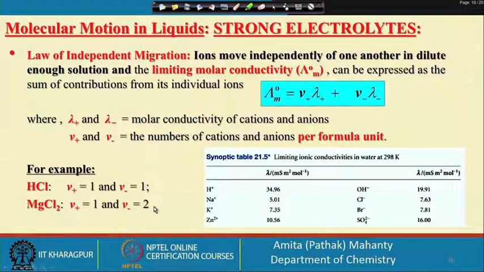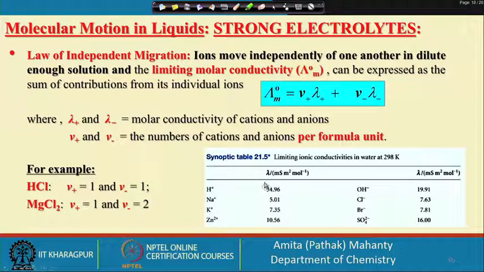Okay. So you see the limiting molar conductances of certain ions given at a given temperature. See how the values for H plus, sodium ion, potassium ion and zinc ion are given here. You also see the anions associated with them. We will be discussing this part later on.